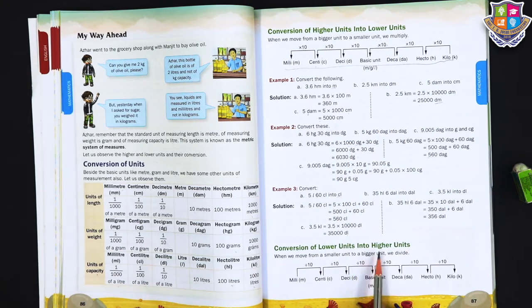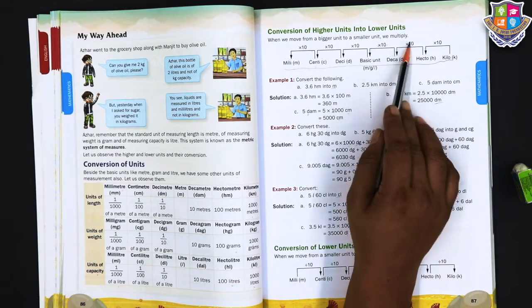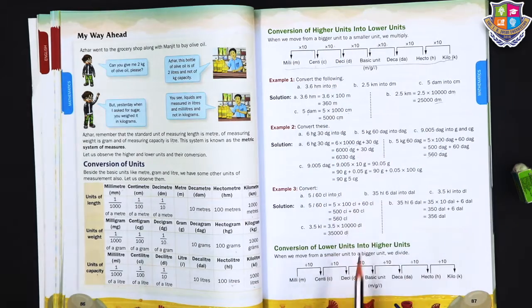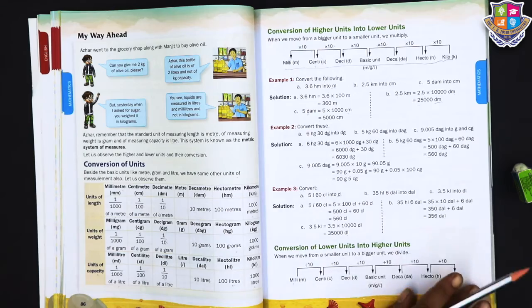Conversion of lower unit into the higher units: when we move from higher to the lower, you just have to multiply, and when you are moving from smaller to the bigger unit, you just have to divide. Divided by 10, divided by 10 and divided by 10 up to the kiloliter.